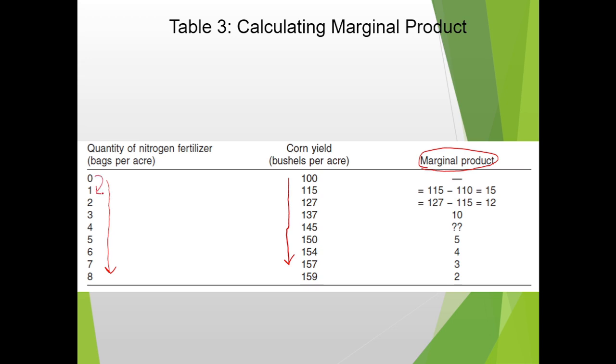So we are employing one additional nitrogen fertilizer, and because of that additional nitrogen fertilizer, the corn yield is increasing from 100 to 115, right?